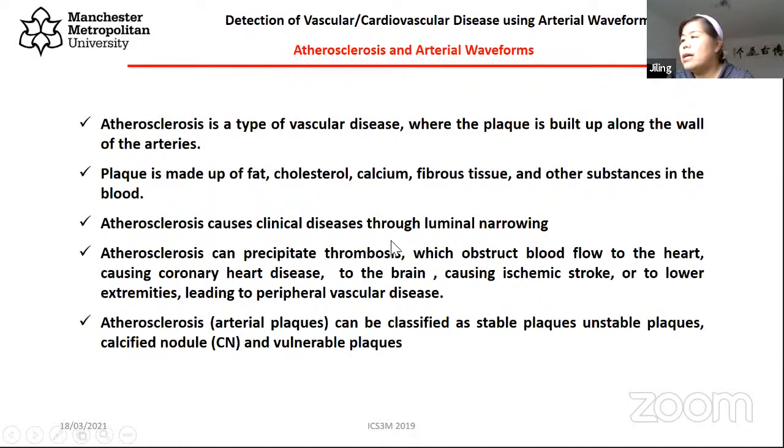If atherosclerosis occurs in the carotid artery, it will block the blood flow to the brain. It will cause a stroke.